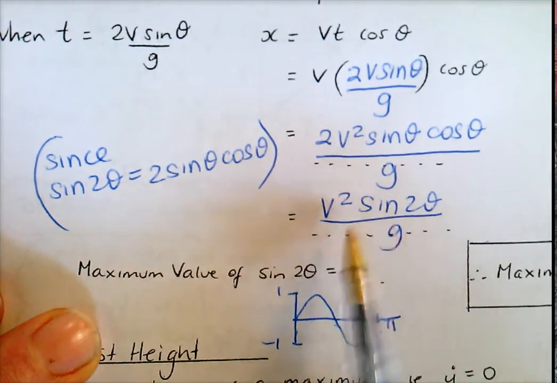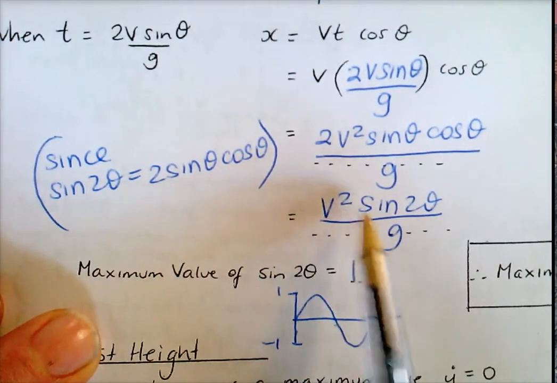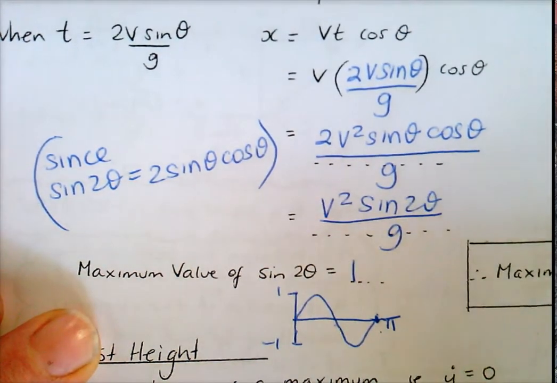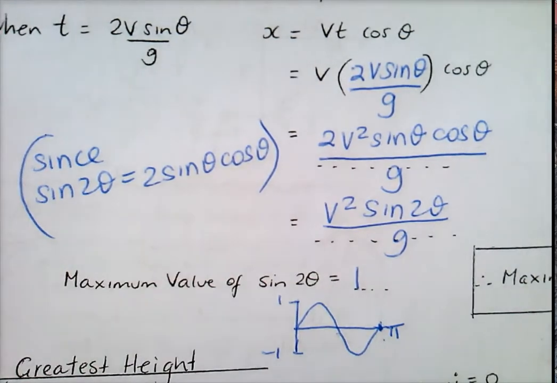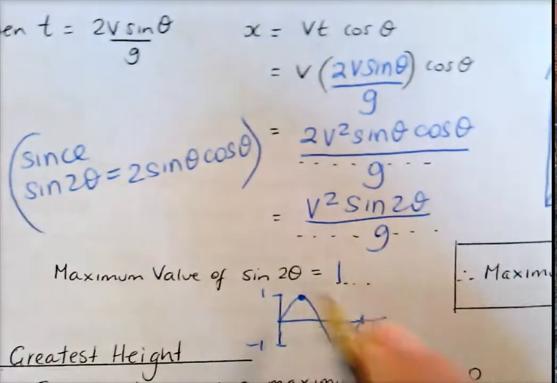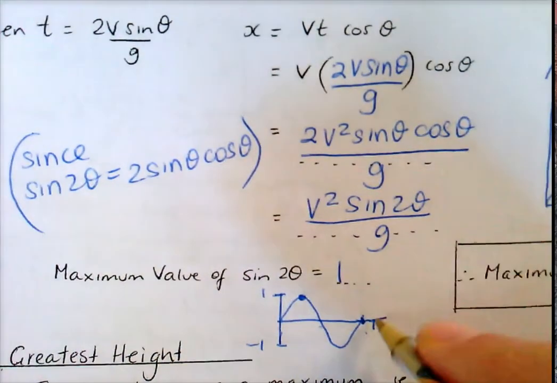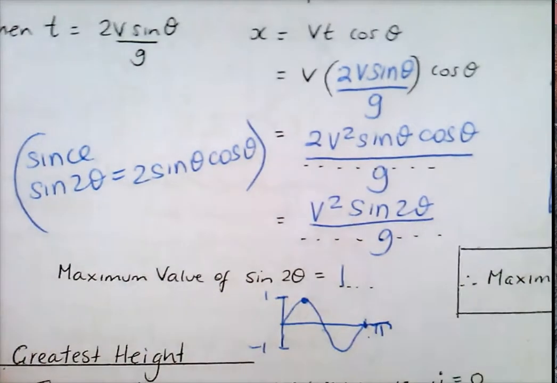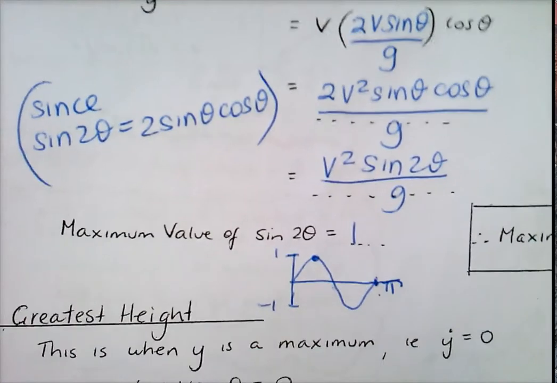So if you substitute sine 2 theta for 1, because we want the maximum range, you get v squared times 1 on g. Okay? When we do some questions, you'll see. There's the maximum value there. Maximum value of sine 2 theta is 1, because I've drawn the sine 2 theta curve there, its maximum value is 1. So therefore the maximum range is v squared on g.